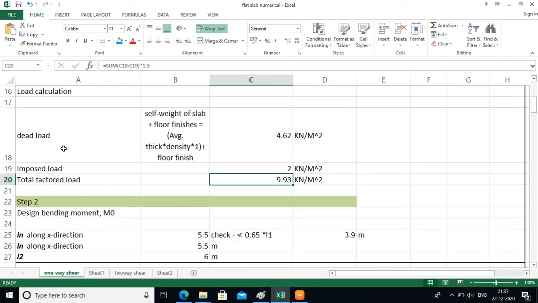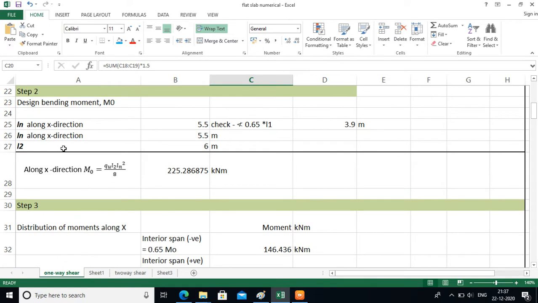Now moving towards step number 2. Step 2 is the design: find out the design moment. In the case of a PT flat slab, for the continuous slab we have considered a single panel, so directly we cannot get the moment by using a single formula.